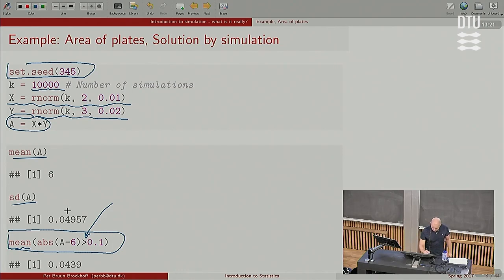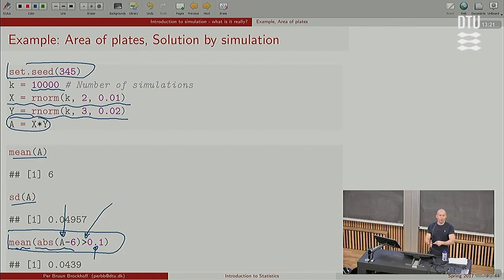I take 10,000 differences between the actual area and 6. I check whether each of those are larger, and I take the absolute value, right? And then I just check, is it larger than 0.1 or not?